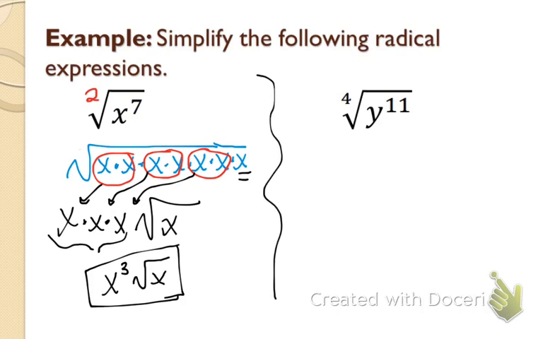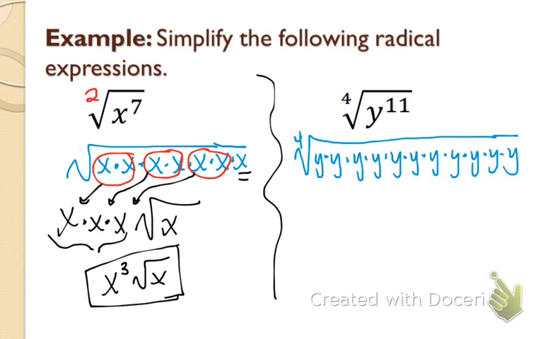Next one. The 4th root of y to the 11th. So I'm going to do the same thing. I'm going to expand. And since we're dealing with the 4th root, we're going to put them in groups of 4. So that's one group, 2 groups, and these guys needed one more y to group.